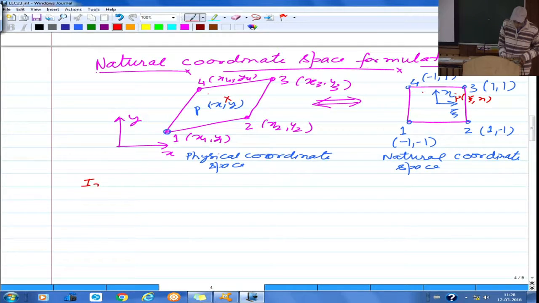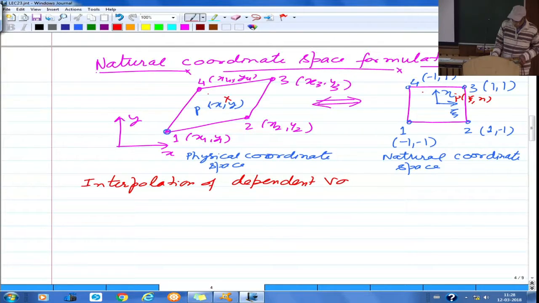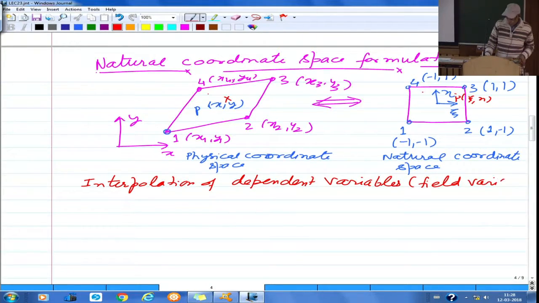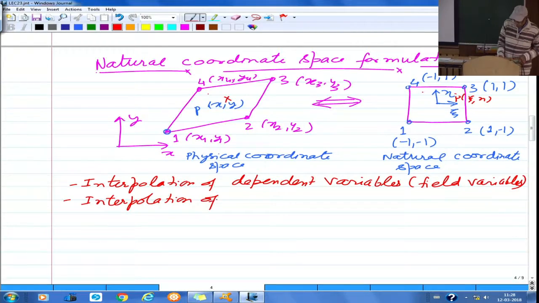In terms of interpolation, we have the interpolation of dependent variables, sometimes referred to as field variables, and second, the interpolation of geometry. Geometry means in this case x, y, or in 3D x, y and z, in the physical coordinate space.